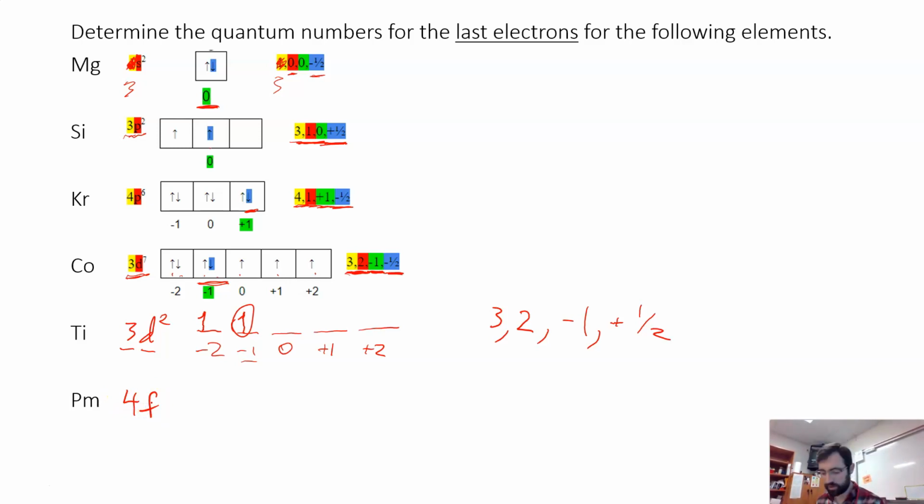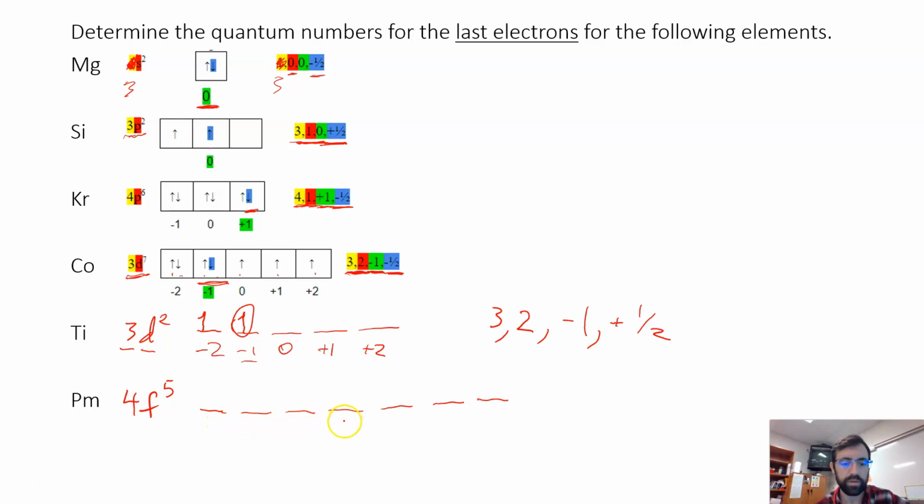And if I were to count over, I get 1, 2, 3, 4, 5. It's the 5th in that particular section. 1, 2, 3, 4, 5, 6, 7, because the F sublevel has 7 orbitals.